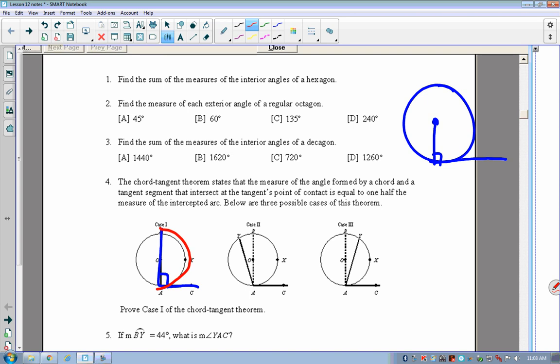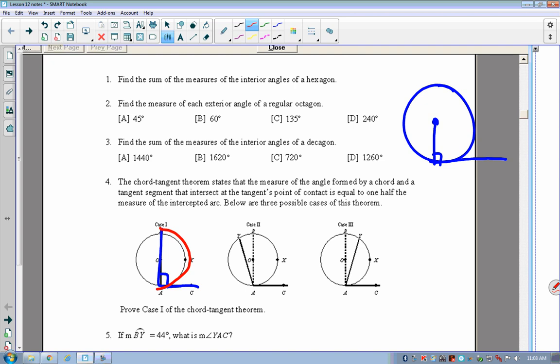Well, what is a diameter? How does a diameter split a circle? How many degrees are in a circle? So what does a diameter split it into? 180 degrees. So we see here that a diameter and a tangent line are at 90 degrees, but a diameter creates an arc of 180 degrees.